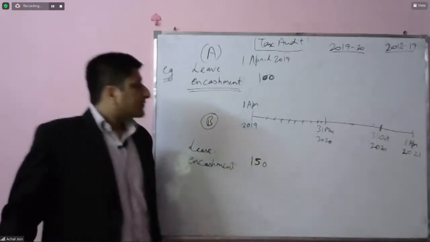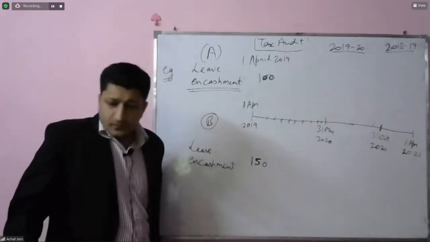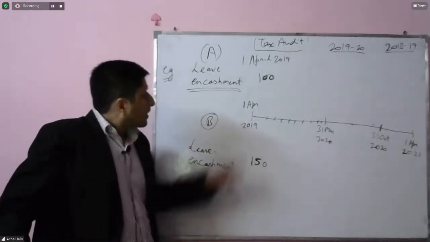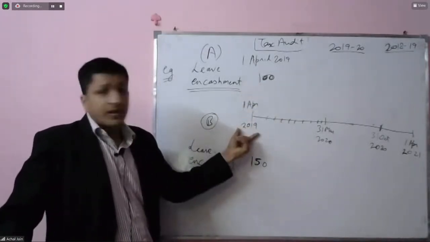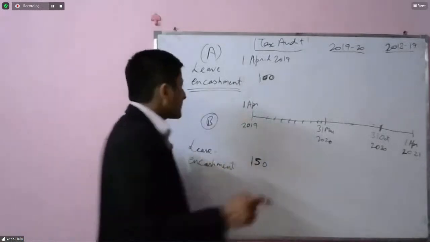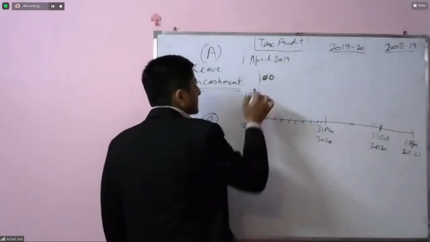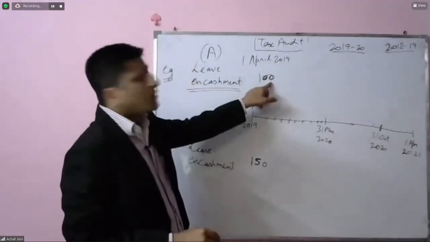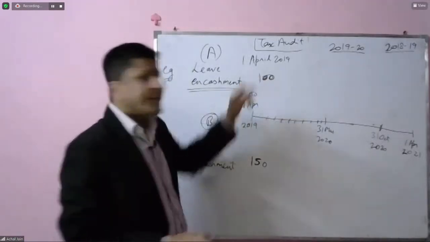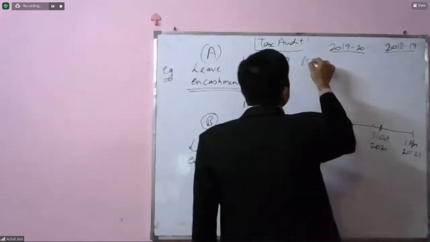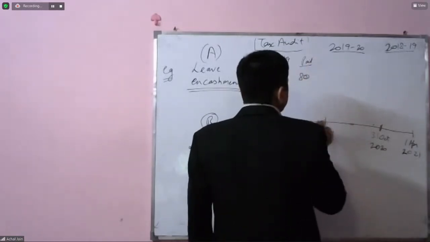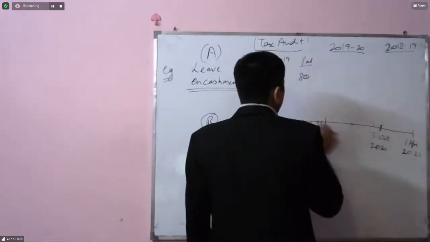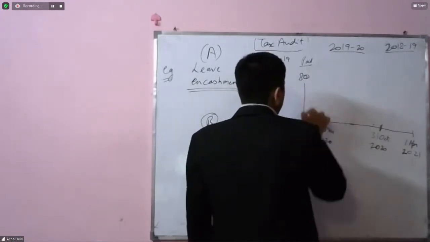Now, in respect of this, this 100 rupees is outstanding on this date. Let's suppose out of 100, 80 is paid up to during the financial year only.